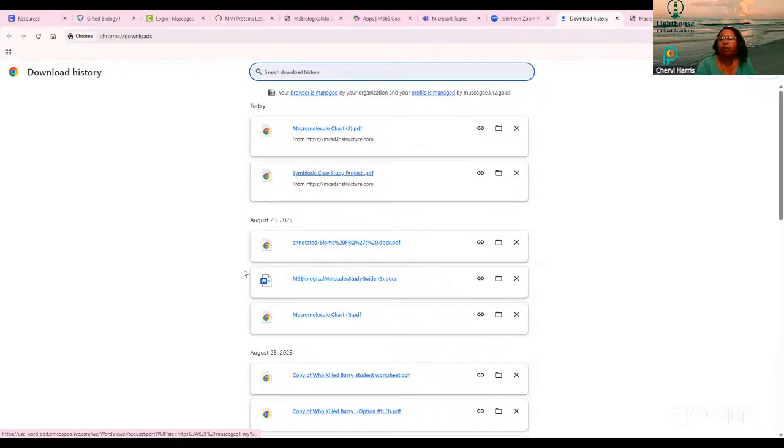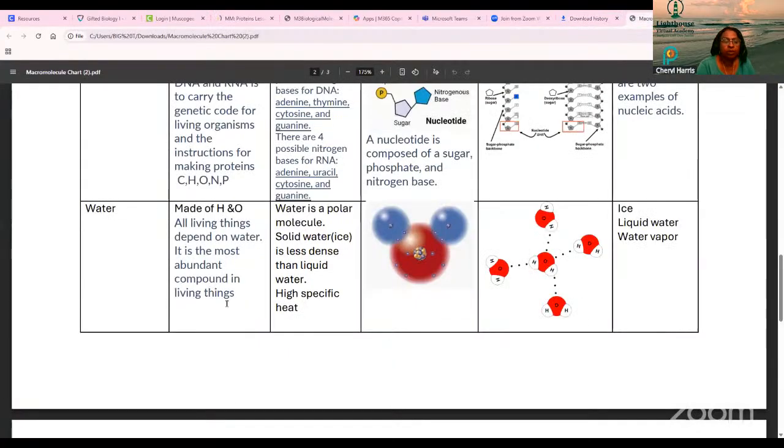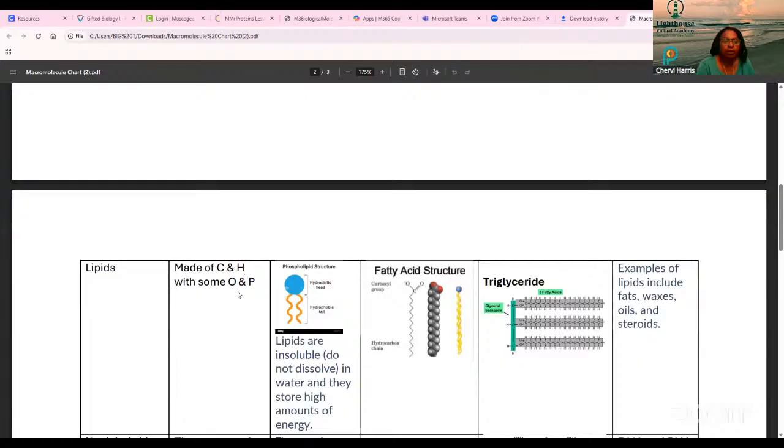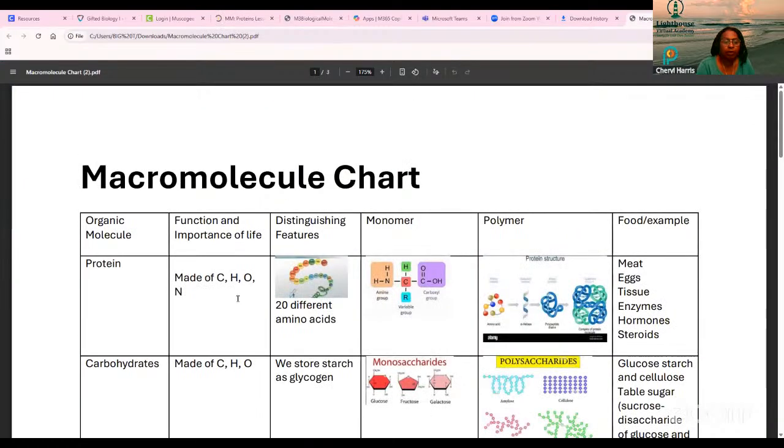Okay. But that's up here, up here, up here. That should go in this box up here. That's what its function is. So we have our examples. We have our monomer, which is an amino acid.